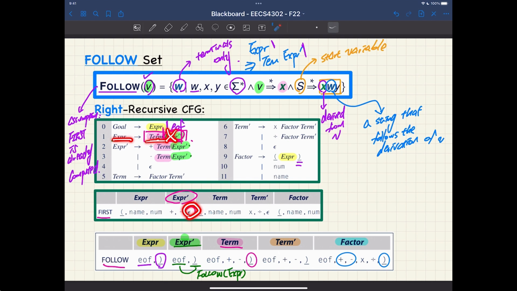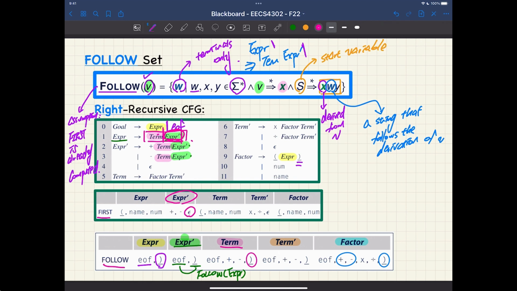I hope you're following the logic here. In that case, the follow of turn is going to inherit everything also from the follow of expression, for sure.